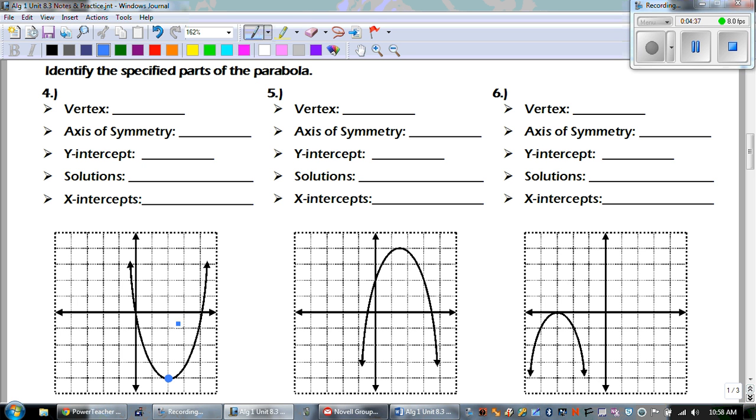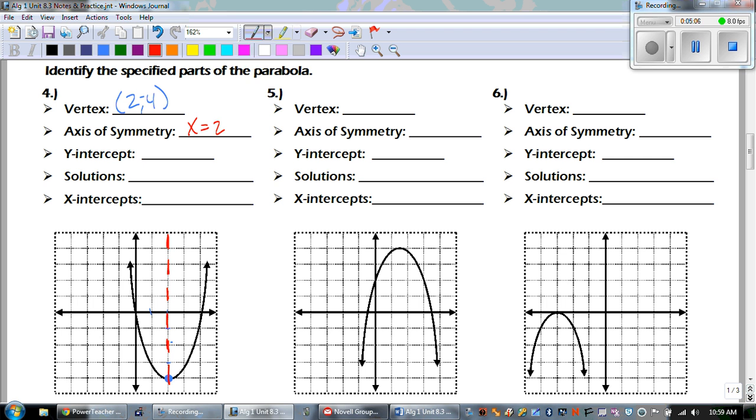And that point is at 2 over, and then how many down? 1, 2, 3, 4. So (2, -4). Remember, the axis of symmetry is the imaginary line that goes through the vertex, and that'll be at x equals 2.